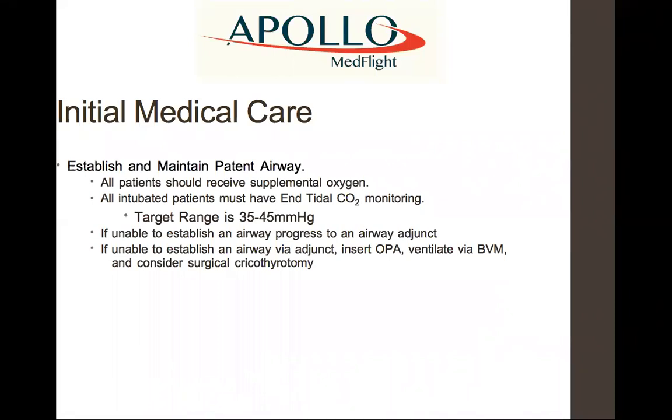And if that's unable to properly ventilate the patient, we can look at our surgical cricothyrotomy. First things first, always, let's throw an OPA in, let's ventilate with the BVM, get the patient's SpO2 up as high as we possibly can, and then we'll look at those surgical cricothyrotomies. So that's part of this, again, a blatant copy off of our SMPs.